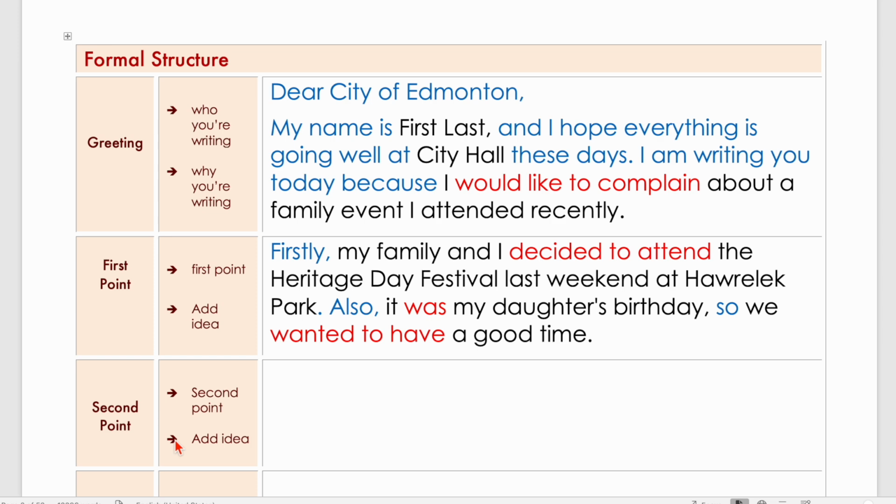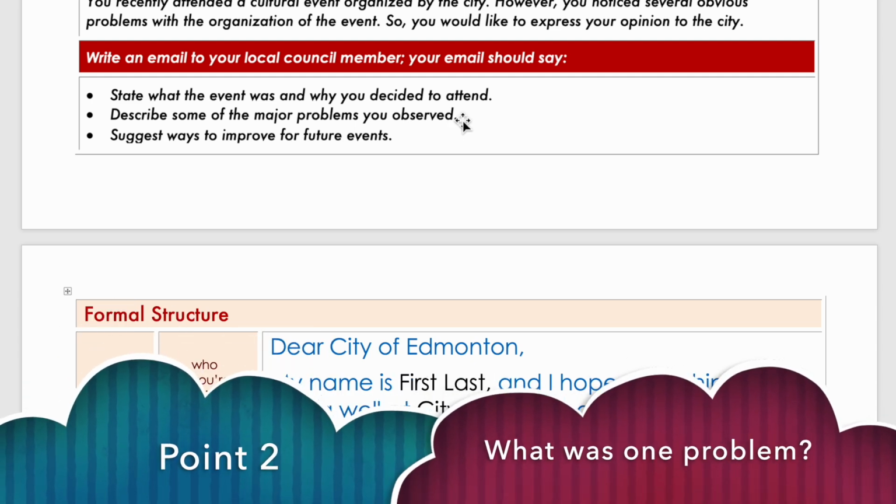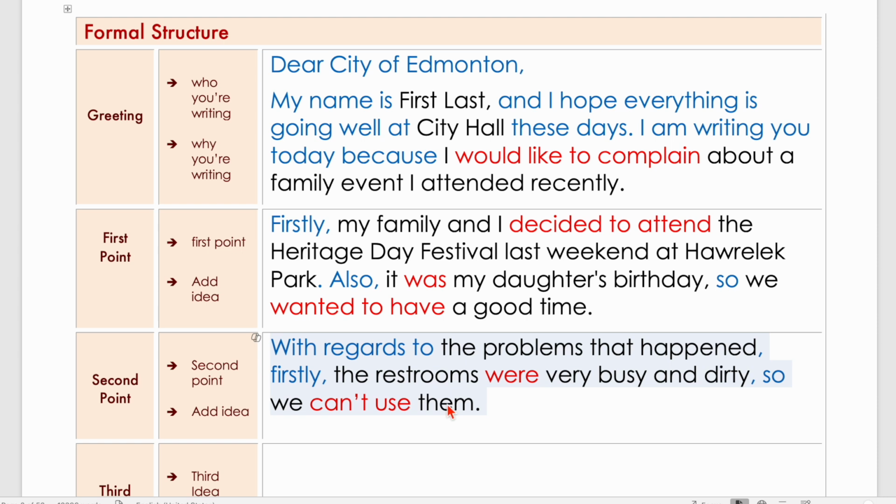What's the second point? Describe some of the major problems you observed. So what did you see that was a problem? Let's see. With regards to the problems that happened, firstly, the restrooms were very busy and dirty, so we can't use them.